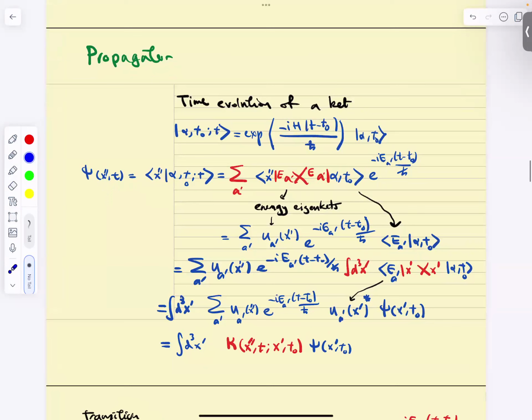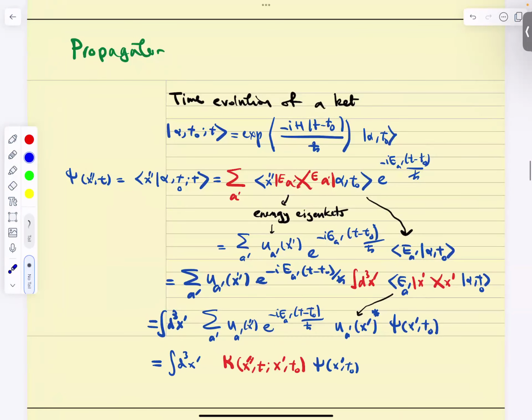Anyway, all right. So here's the time evolution of a ket, right? I'm gonna imagine a particle propagating in space. The initial state is ket alpha at time t0. We saw that the time evolution, if the Hamiltonian is time independent, could be integrated this way.